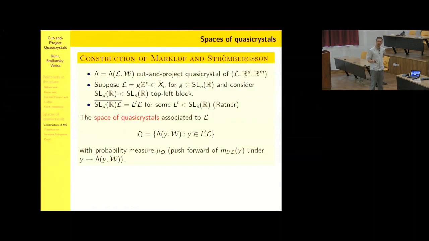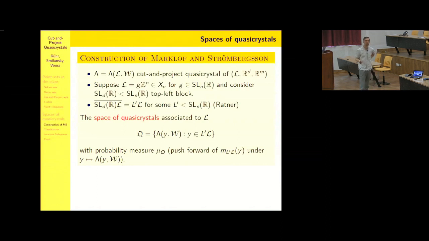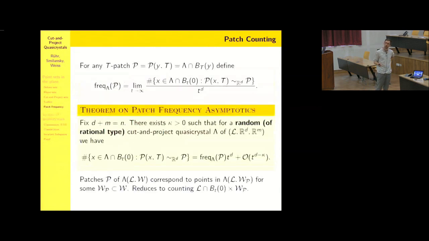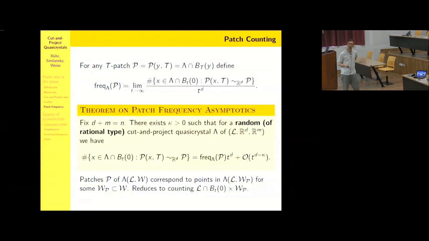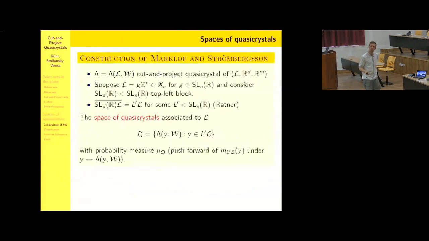And since we have a probability measure upstairs, we'll push it forward, and this space Q has some probability measure mu_Q. This notion of random is now taken with respect to this measure.